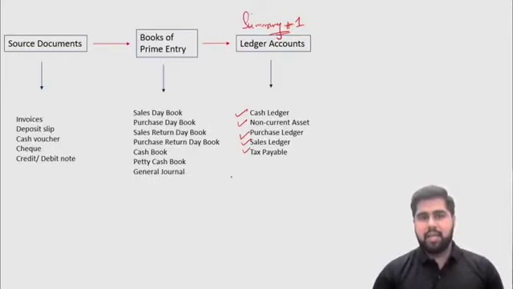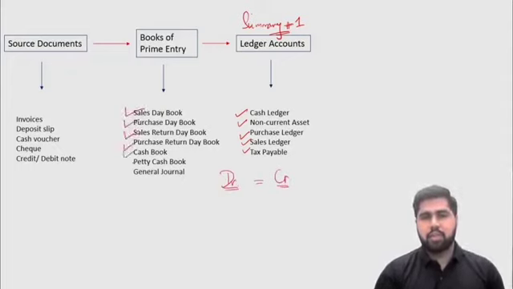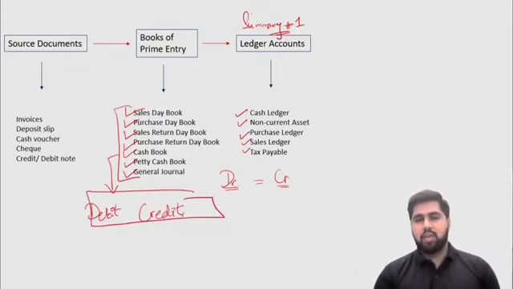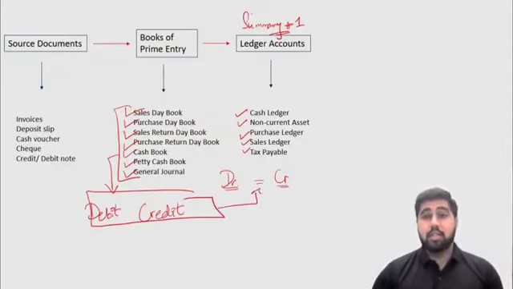By making sure that debit equals credit. Each and every transaction that you record in each of these books has 2 legs, right? One is your debit side and the second one is your credit side. And this is just a form of summary, right? That is reflected in your ledger accounts.